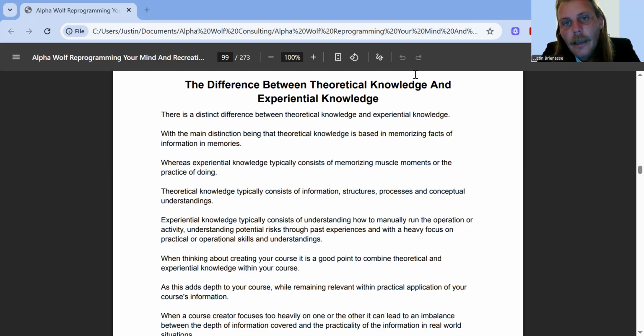So there has to be a balance between the theoretical, which is the general or overarching strategy or strategic view, and then the experiential, which is the tactics. The how to do it.